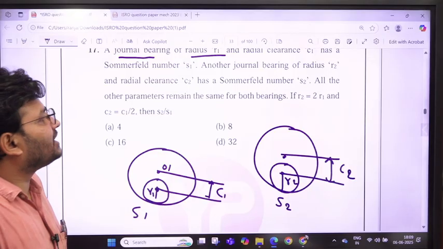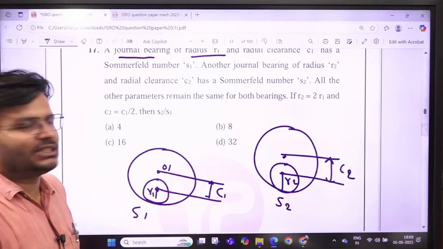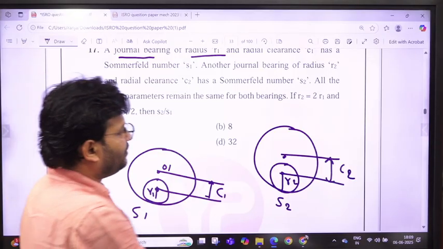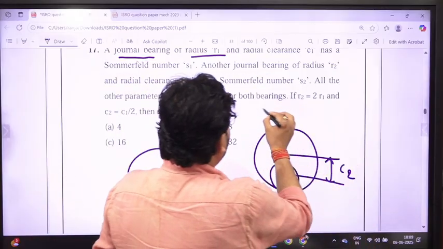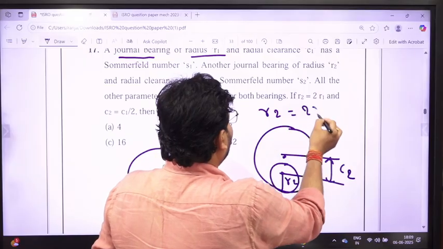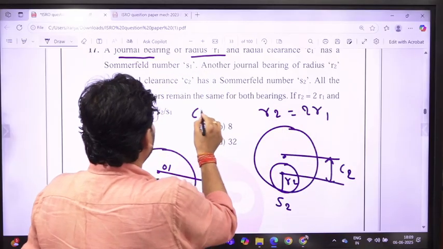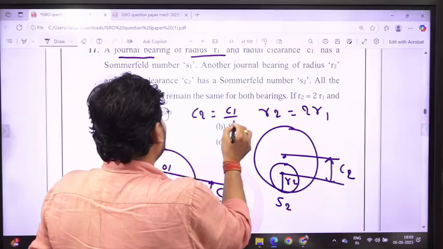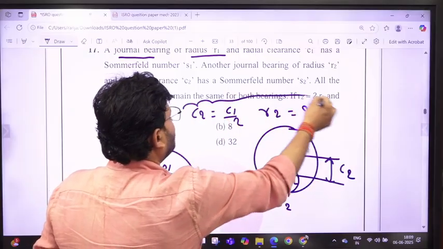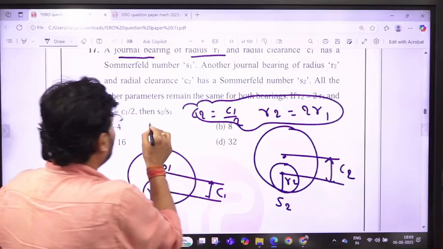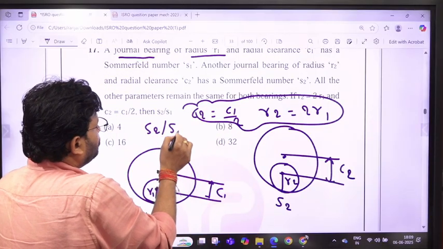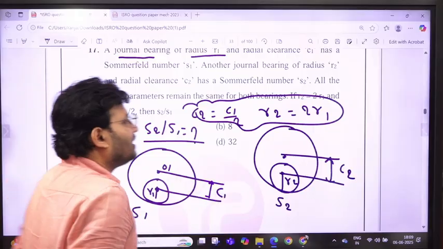All other parameters remain the same for both bearings. The only condition in the question is that r2 equals twice of r1 and c2 is equal to c1 upon 2, and we have to calculate s2 upon s1. That is the question.